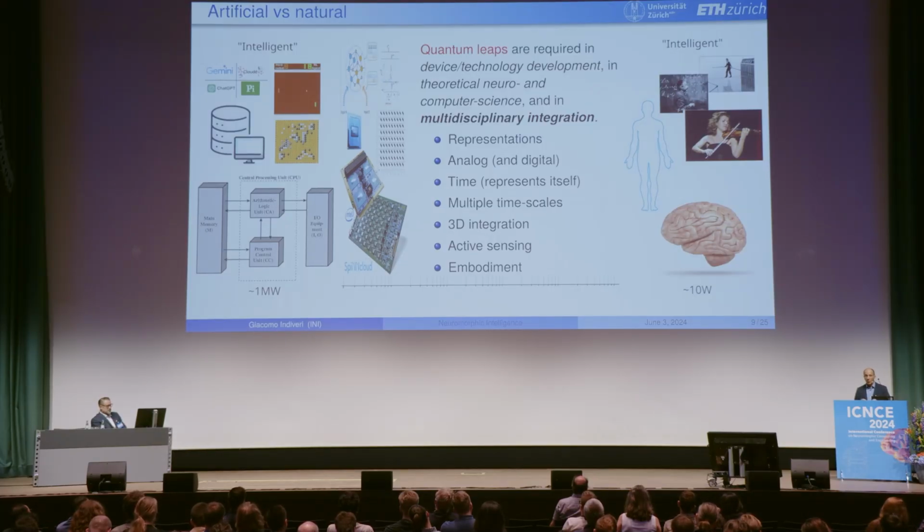But if we really want to co-integrate and exploit the physics of the devices that we are doing research on, we really need to think also at the level of different representations, not binary or software-simulated spiking neural networks. And indeed, we need to take into account the analog properties of the devices, in addition to digital, of course. One should not be a fundamentalist, one or the other.